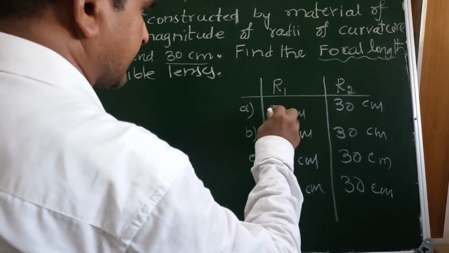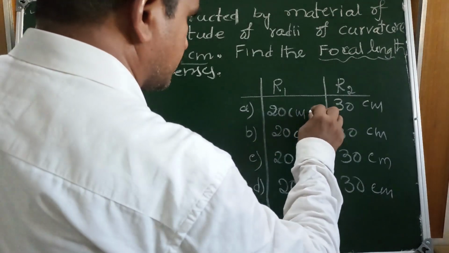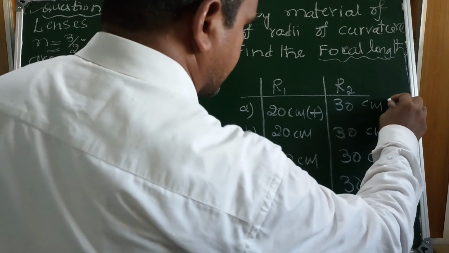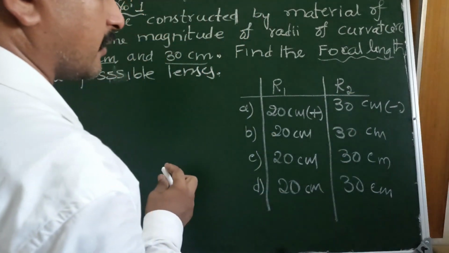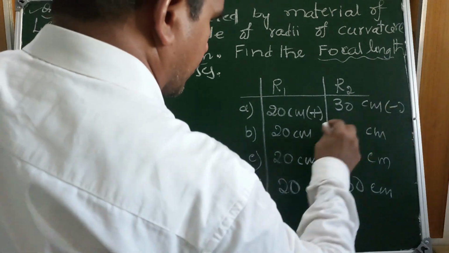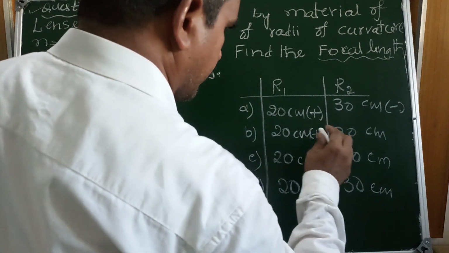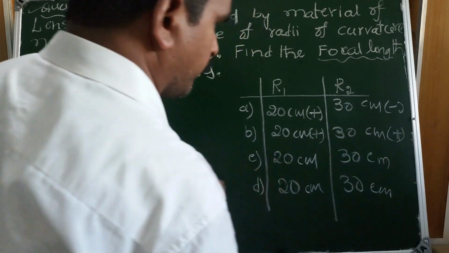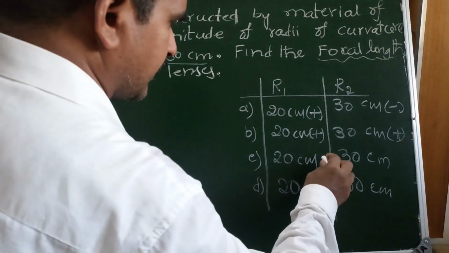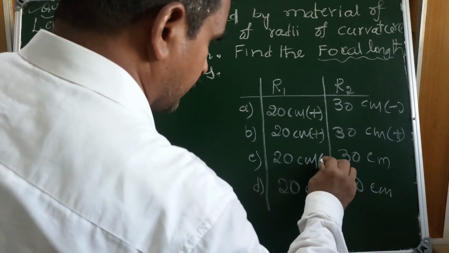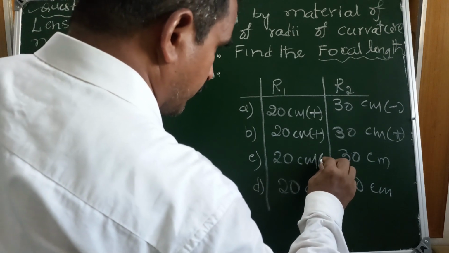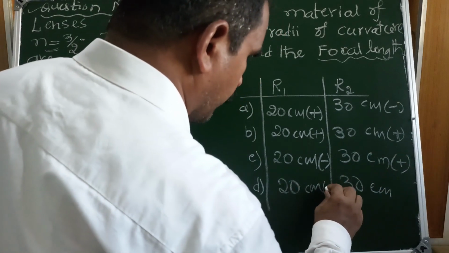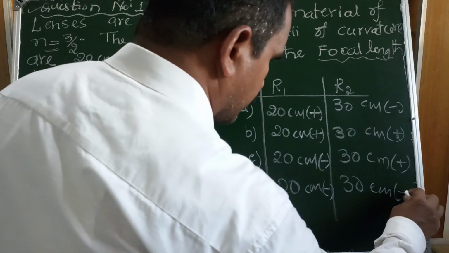One can take R1 positive, R2 negative; again R1 positive, R2 positive; again R1 negative, R2 positive; R1 negative, R2 negative.